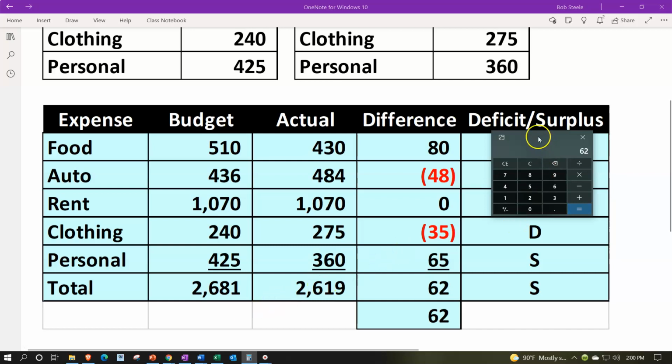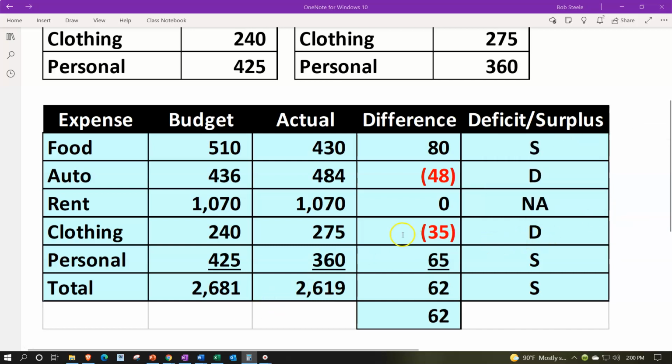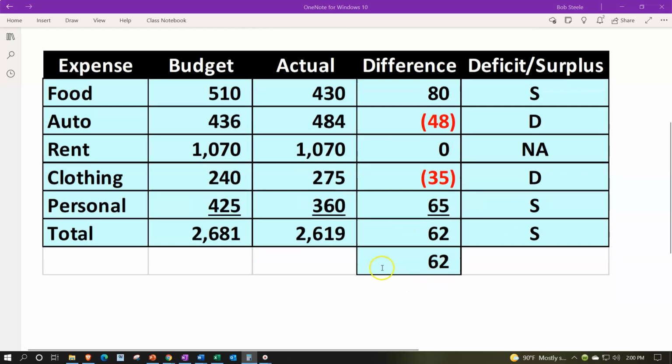Also, just realize that whenever you're looking at something like this where you have this difference down here, you might say, look, I took the total difference between my total budget expenses versus total actual expenses, and I only have a difference of 62, so maybe I won't even go in and look at the rest of it. That might be fine, but just realize that even if this is a small difference, it may consist of very large swings within some of the individual categories, right?